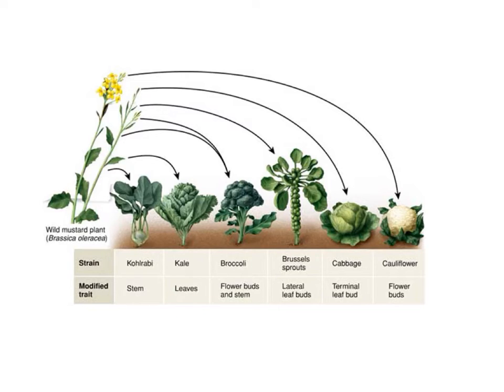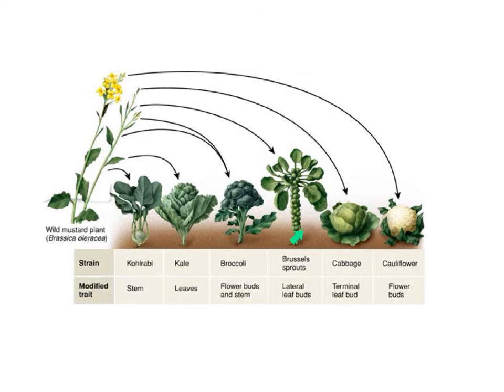So they selectively bred wild mustard plants in order to ultimately create kale. Broccoli comes from wild mustard because they were able to suppress flower development. Brussels sprouts also come from wild mustard because of a selective breeding that looked at lateral leaf buds.